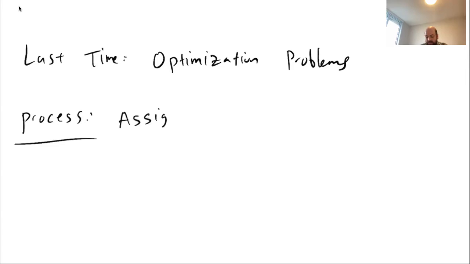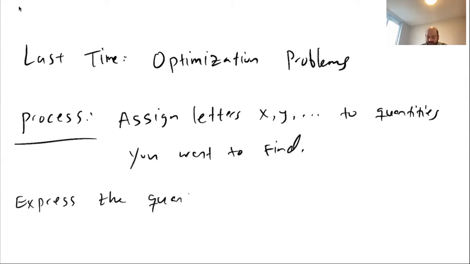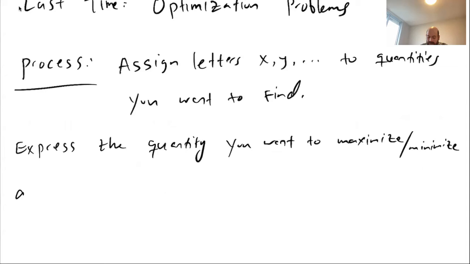Assign letters, let's say X, Y, etc., to quantities you want to find. And then you have to express the quantity you want to maximize or minimize as a function of one variable only.